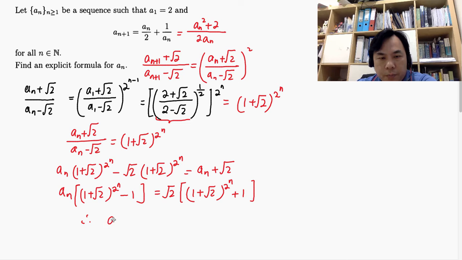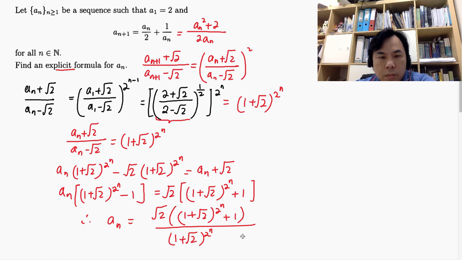So therefore, the explicit formula for an can be written as divided by minus 1.